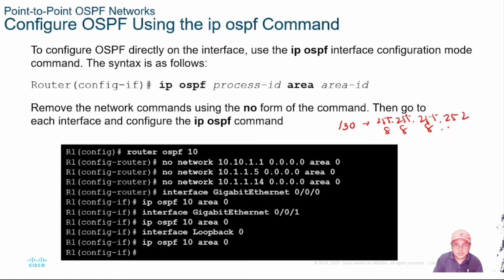If you subtract this from 255.255.255.255, 255 minus 255 gives 0, and 255 minus 252 gives 3. So the wildcard mask is 0.0.0.3. Okay.